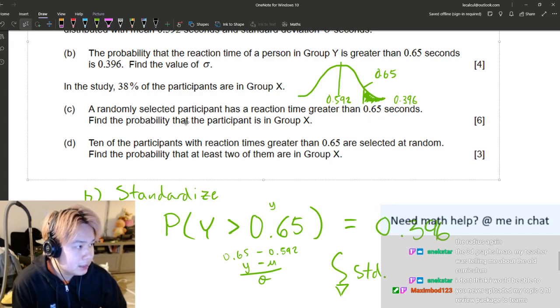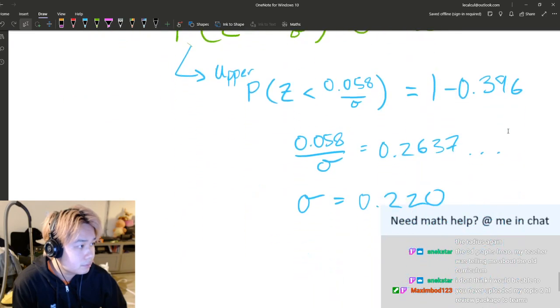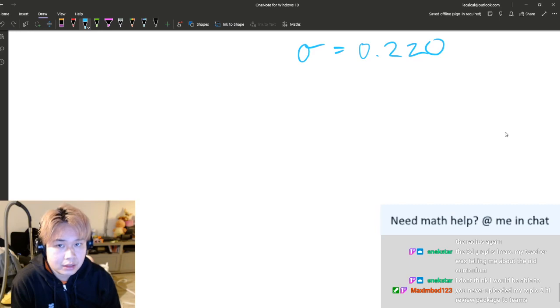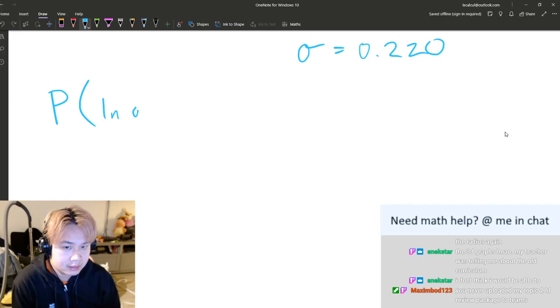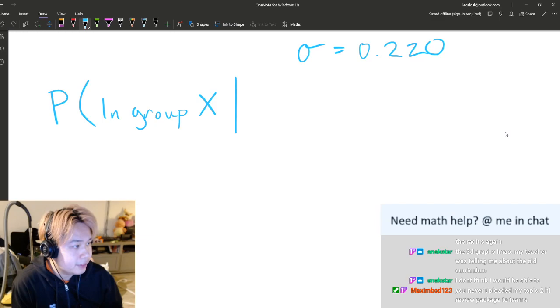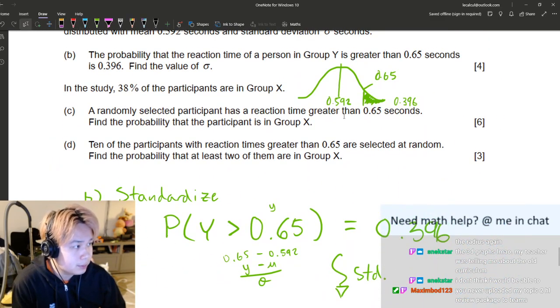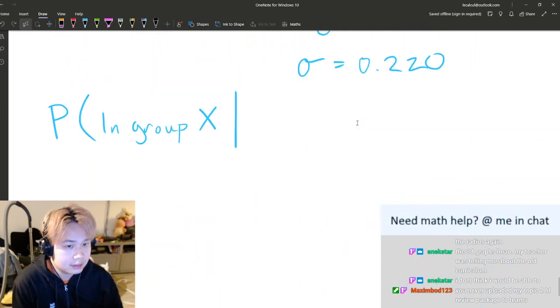Find the probability that the participant is in group X. Okay, so we want to find the probability that you're in group X, and they've given you information. So this is a conditional probability. They've given you that the reaction time is greater than 0.65 seconds.